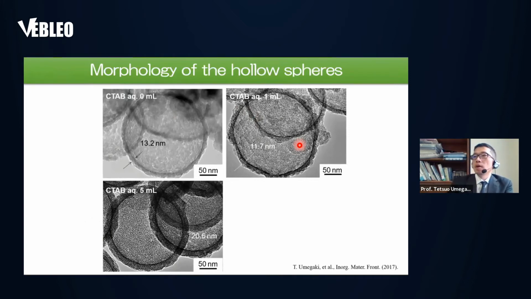Compared to the sample prepared without CTAB, homogeneous meso-sized interparticle spaces were observed in the hollow sphere shells prepared with CTAB solutions. Moreover, the morphological homogeneity of the hollow spheres prepared with this CTAB solution amount was higher than that prepared with a smaller amount.